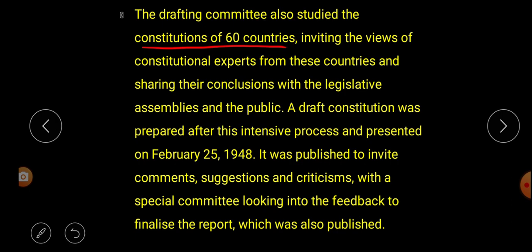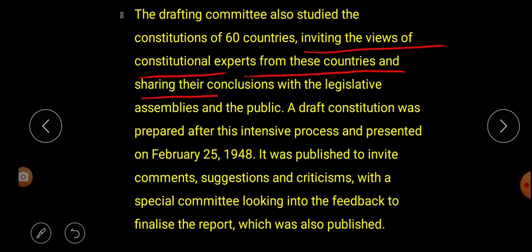Of 60 countries, inviting the views of constitutional experts from these countries and sharing their conclusions with the legislative assembly and public. This drafting committee invited expertise from different countries. They asked their opinion, and they shared the conclusion with the legislative assembly and the public.